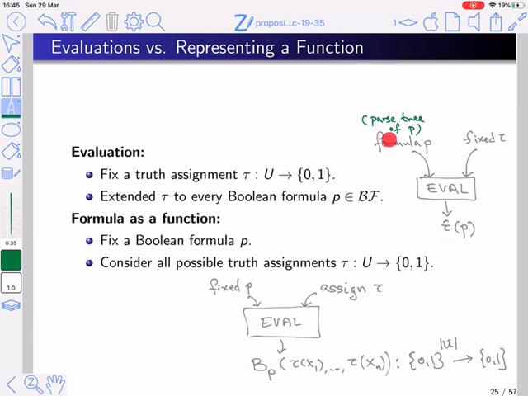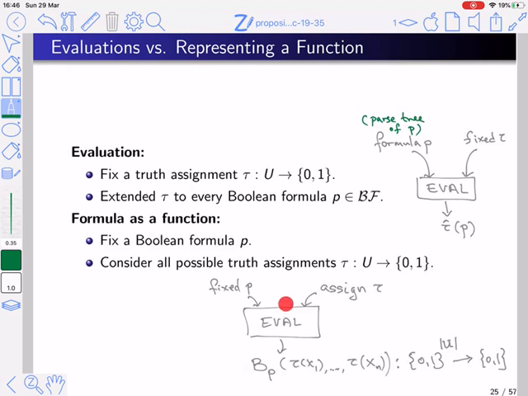Since we have two types of inputs, we can play a game in which we fix one input and let the other one vary. So we have here two variations. In the first variation, the truth assignment is fixed, and we plug in any formula we wish, and therefore the output will be the extension of the truth assignment to the formula pi. Thus, every formula now attains a truth value which is either 0 or 1.